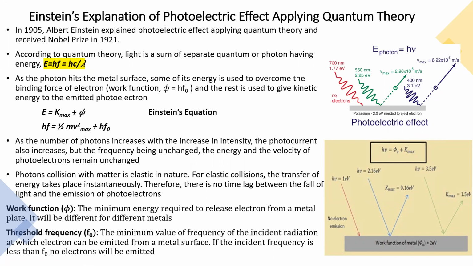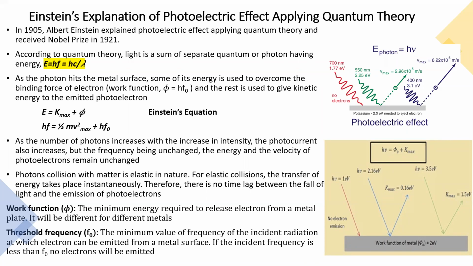So how strongly the electrons are bound in each atom will be different. This is only for metals. So different metals will have different work functions, and therefore different metals will require different threshold frequencies, different minimum values of frequency.